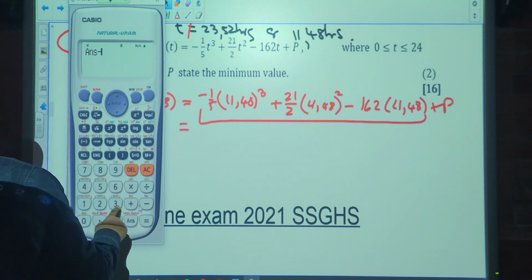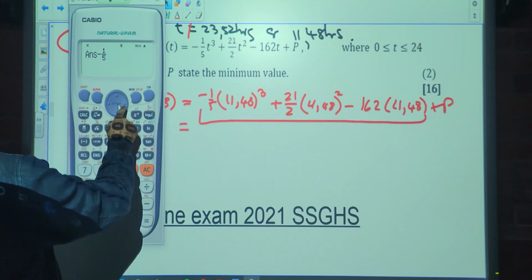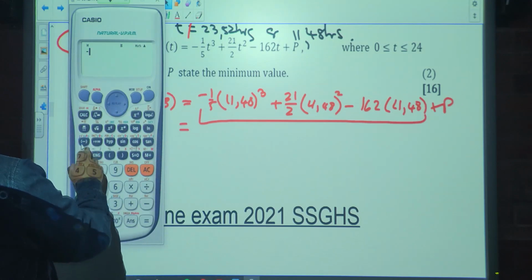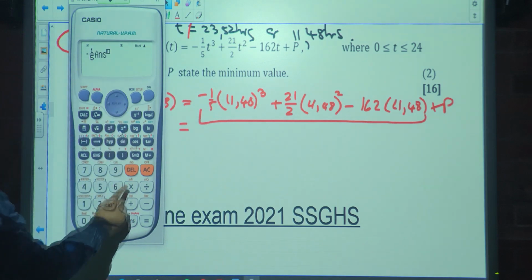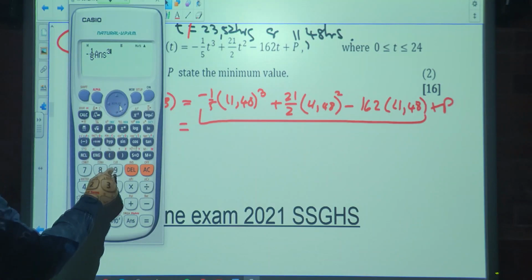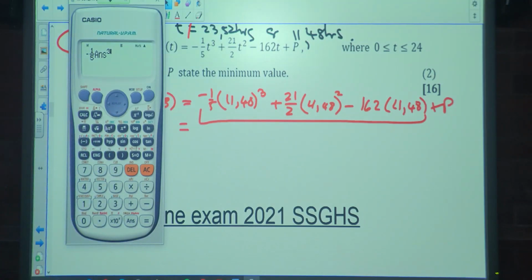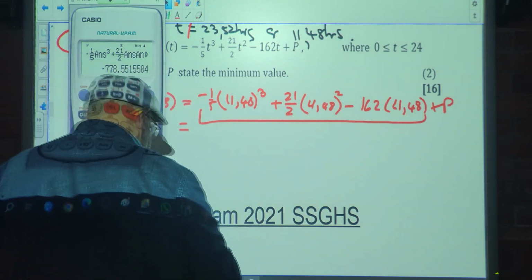So it's negative 1/5, oops, negative fifth, answer cubed plus 21/2 answer squared minus 162 answer gives us negative 778.55.